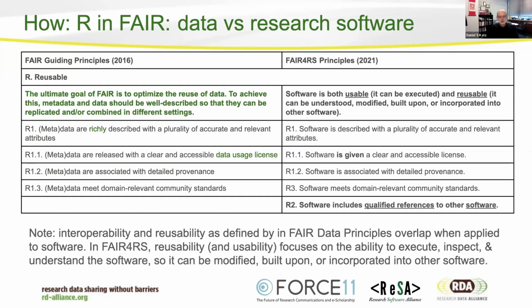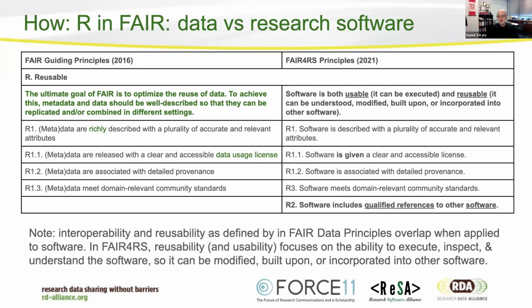And for reusability, we talked about the ability to execute and inspect and understand the software so that it can be modified and built upon and incorporated into other software. So in spirit, these are not so different from the corresponding FAIR data principles, but they're a little bit different in how we've chosen to divide them up. It's also worth mentioning that for software, we have to talk about usable as well as reusable, and for data, we don't have to make that same exact distinction.